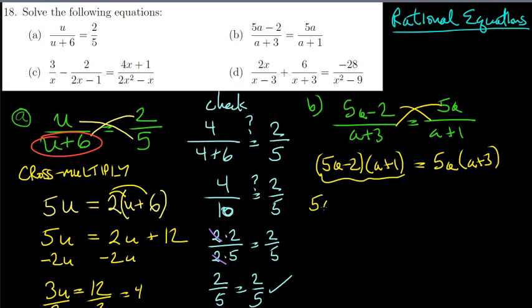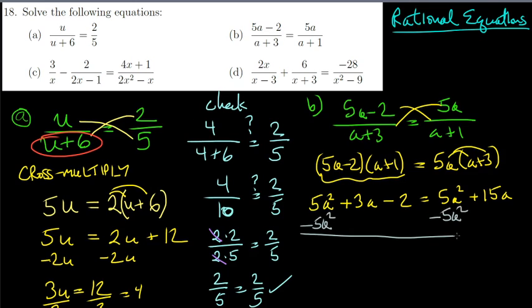So that's going to be 5a squared plus 5a minus 2a is 3a, and then negative 2 times 1 is negative 2. On the right side, you just have to distribute, right? This is 5a squared plus 15a. And while this looks like a quadratic equation, if I subtract the 5a squared from both sides, you end up with 0 on both sides, right?